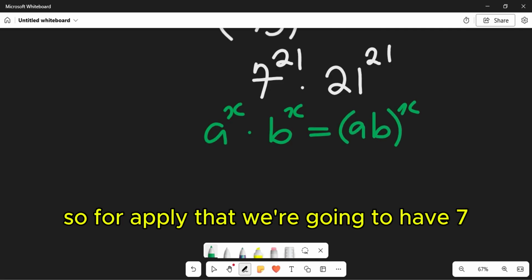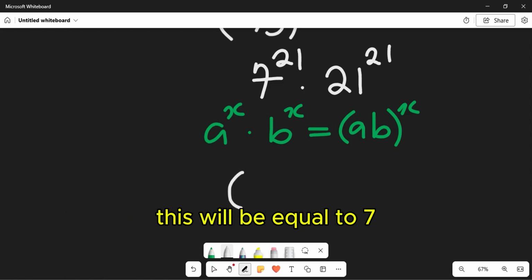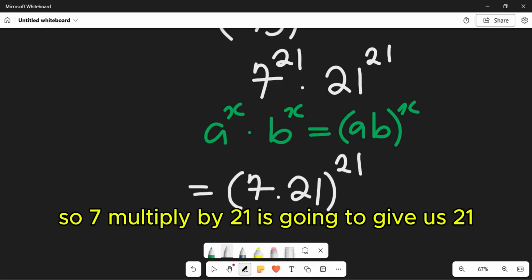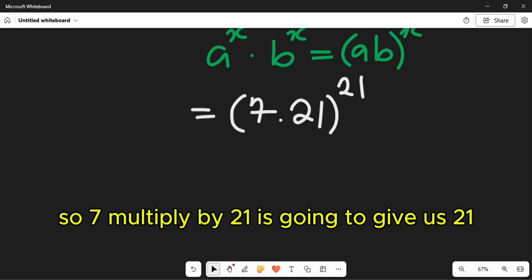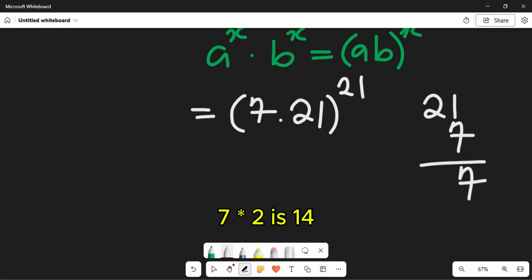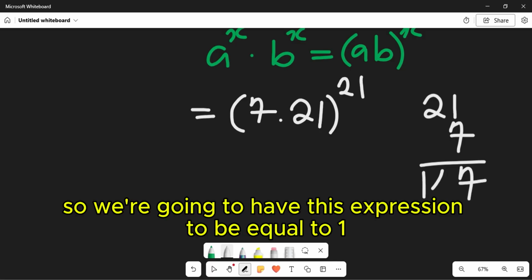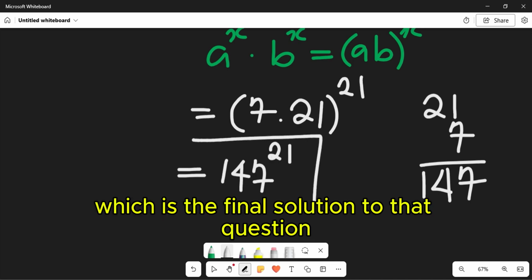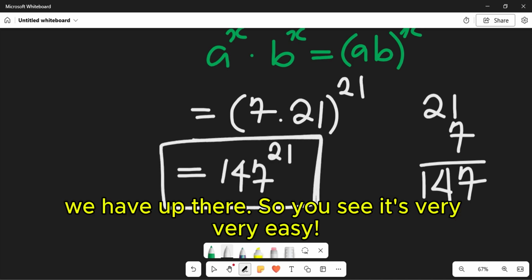So if we apply that, this will be equal to 7 multiplied by 21, all to the power of 21. 7 multiplied by 21: 7 times 1 is 7, 7 times 2 is 14. So we're going to have this expression equal to 147 to the power of 21, which is the final solution to the question we have up here.